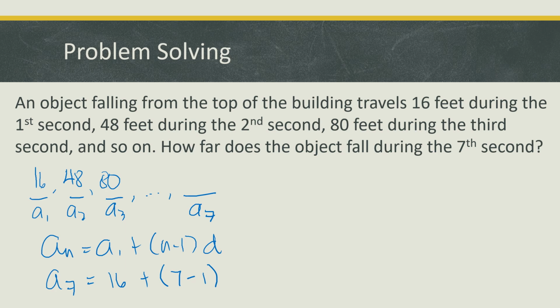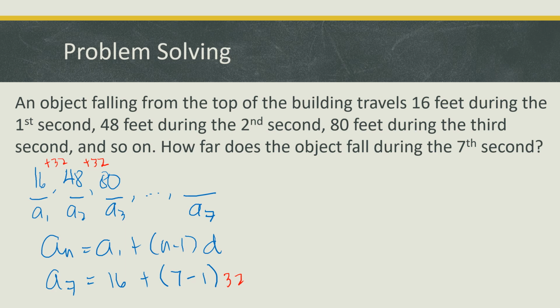If we observe the pattern of this sequence, first term is 16, second term is 48, so we are adding 32. And of course, from the second term to the third term, we also add 32, and that is the pattern. So basically, we have the common difference of 32.